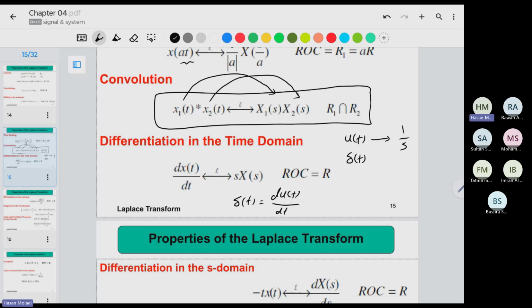So if I do differentiation in time domain, in S domain, from here to here, I did differentiation. So from here to here, I need to multiply it by S. You already knew that.